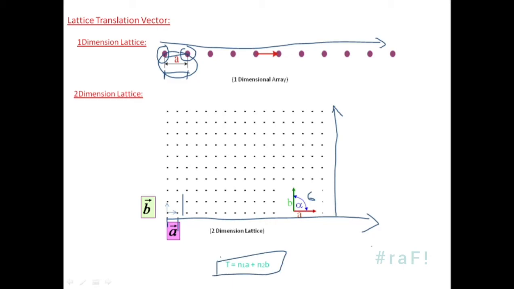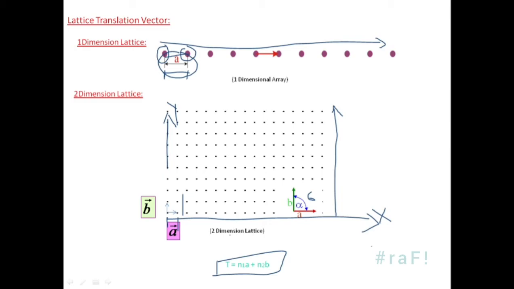Here we can write T, which represents translation vector, is equal to n1a plus n2b, where A represents translation vector along the translation axis, say this one x axis, and B represents translation along y-axis.